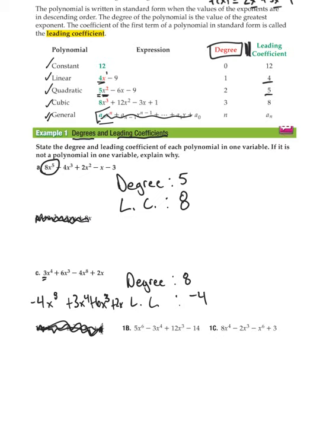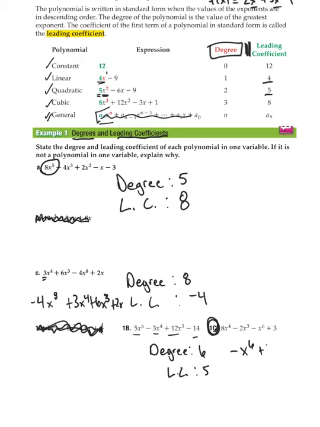1B, this one is in standard form, highest degree to lowest degree. So the degree of that highest degree term is 6. The coefficient of that term is 5. The leading coefficient is 5. 1C is not in standard form. I want you to practice putting that in standard form: highest degree, highest exponent term first, then greatest to least.